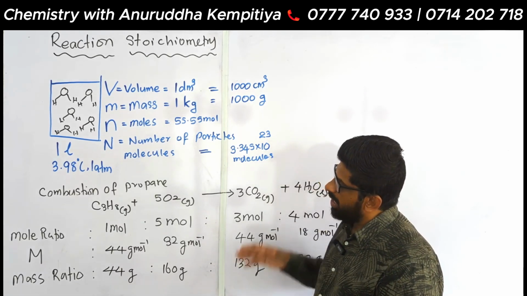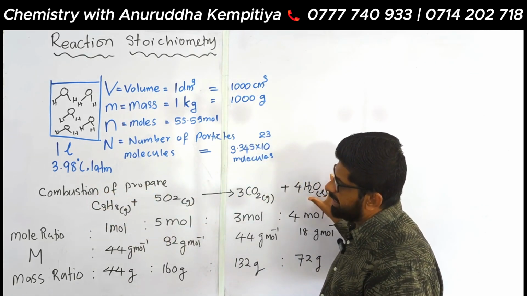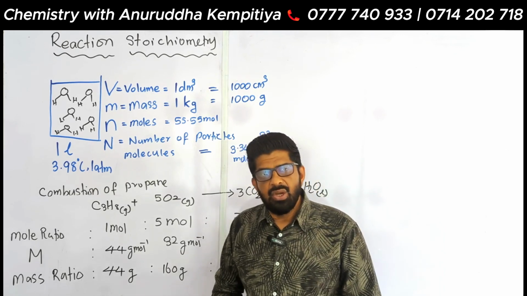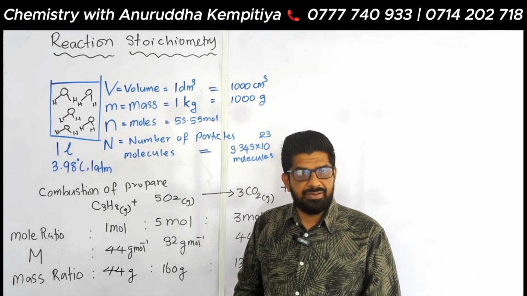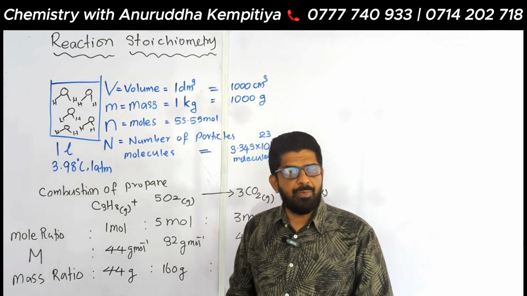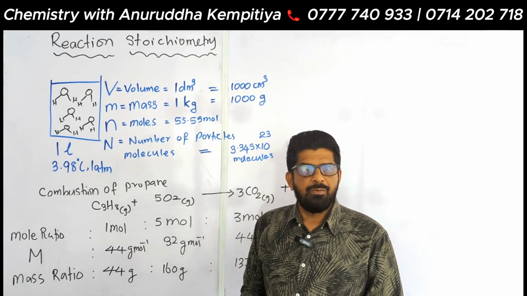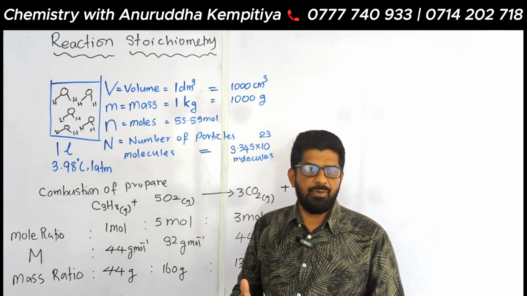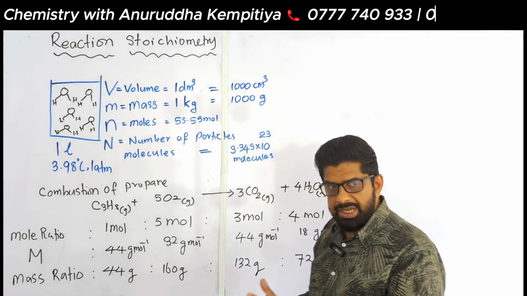However, when it comes to a balanced chemical equation, a balanced chemical equation represents a chemical reaction. So this is a combustion reaction of propane. Propane you burn in the kitchen for cooking, to cook or heat your meals.